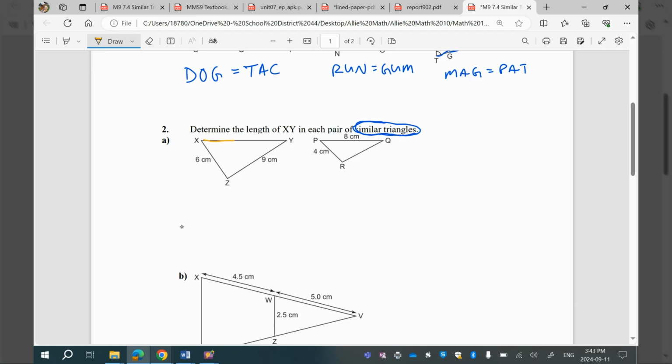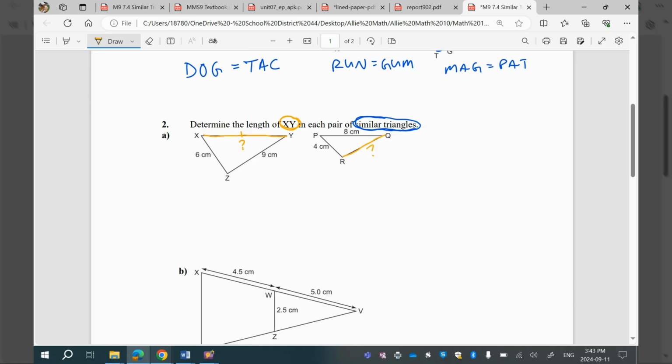This length right here is missing. We don't know that. That's a question mark. This one is also missing. That's also a question mark. However, it's asked us for XY. So we really only need to solve this one mystery, XY. So RQ is a little bit irrelevant to us. So let's just solve for XY.